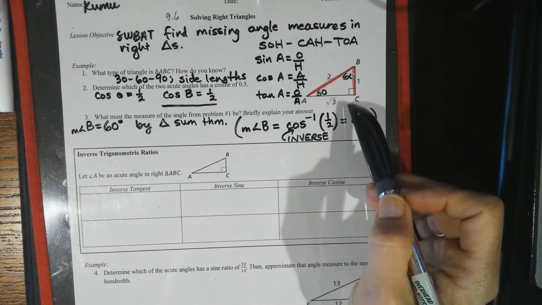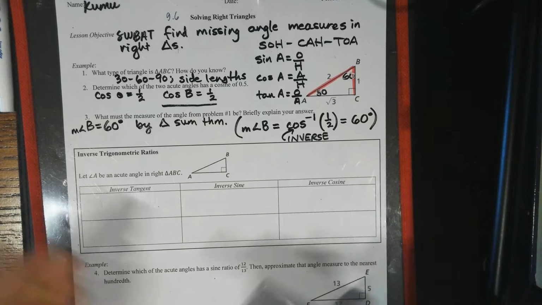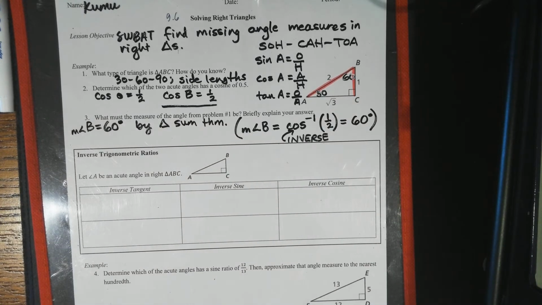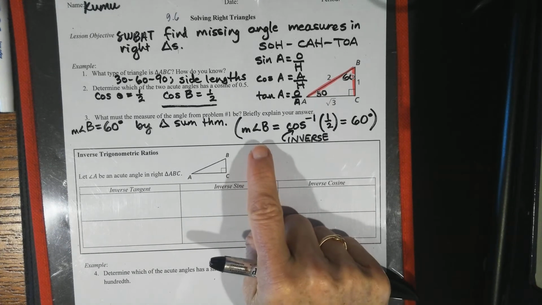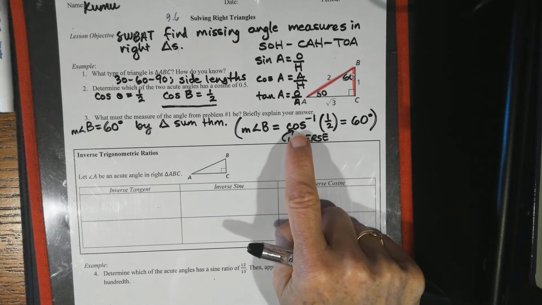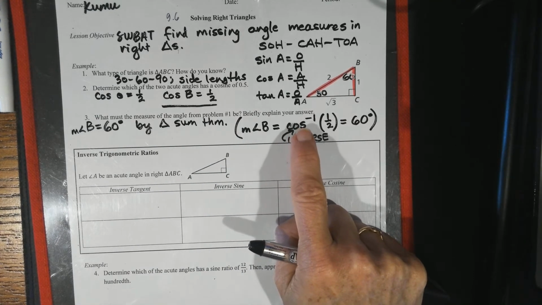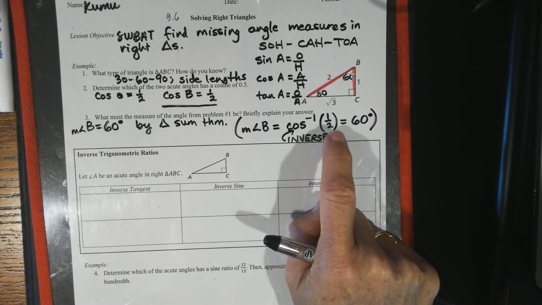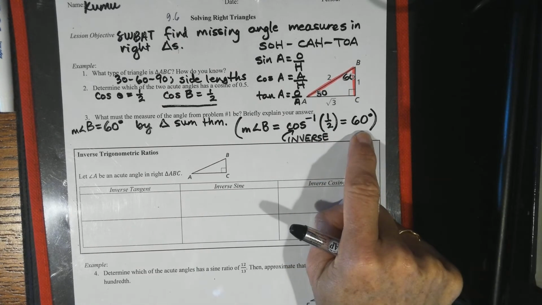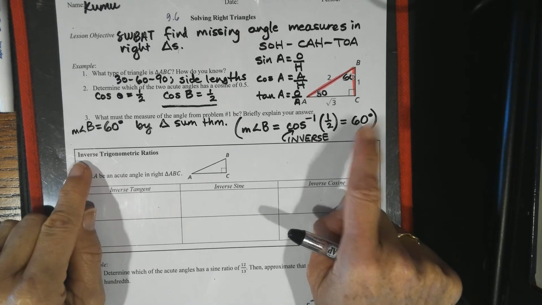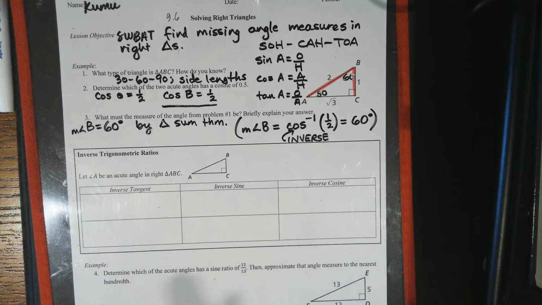If you have two sides, you've got the Pythagorean theorem to figure out a third side. This one is for when you have just sides, no angles, and you want to find the angle. So the inverse cosine of 1/2 is equal to 60 degrees. When you use inverses, you're going to get degrees as your answers.